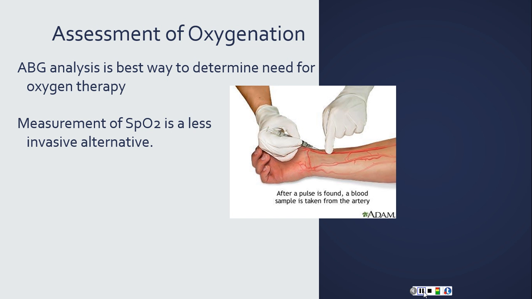If I put a pulse ox on a patient, what are we doing? We're evaluating capillary oxygen saturation, and it shoots a laser through the skin to evaluate the bounce back. Absolutely, fingernail polish. I'll give you credit for it.